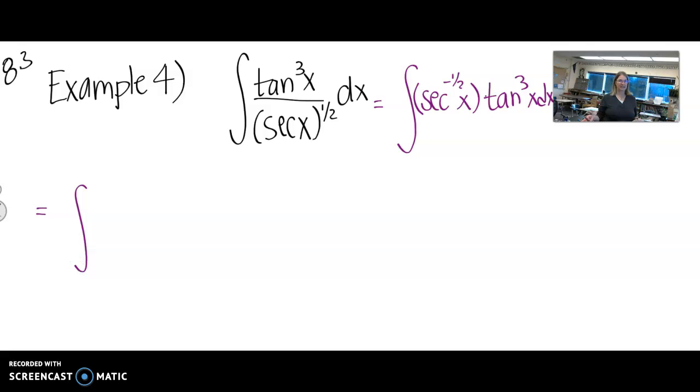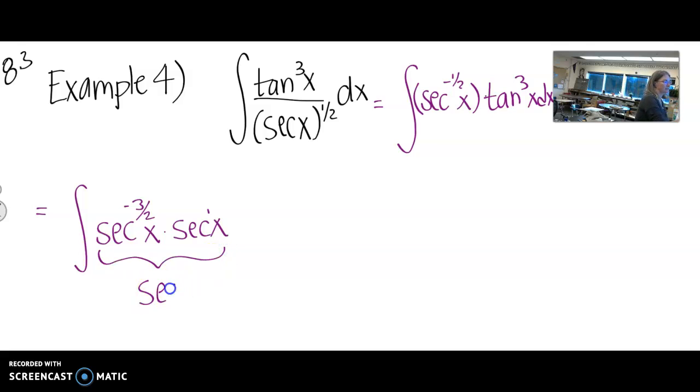So if I want to get a secant tangent, I'm going to take secant of x to the negative 3/2 power, multiply that by a secant of x. If you add your exponents together, because this is to the first, you would get the same thing as secant to the negative 1/2. So that's equivalent to secant to the negative 1/2 power.